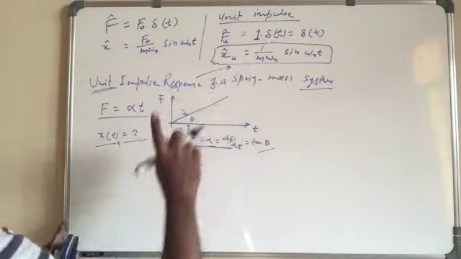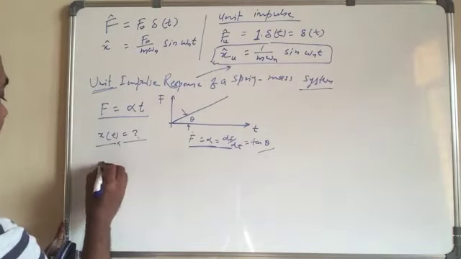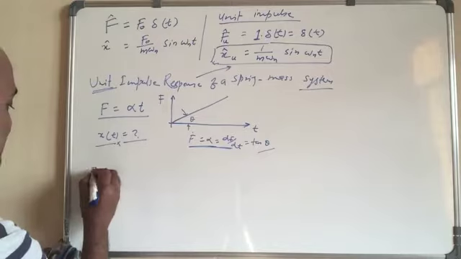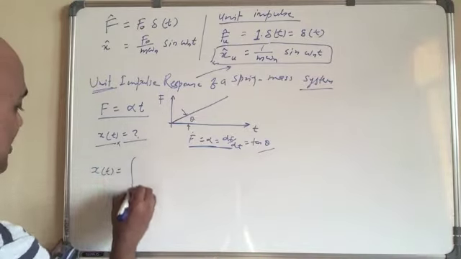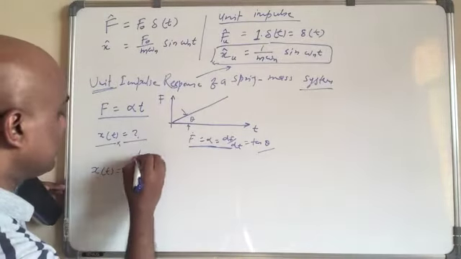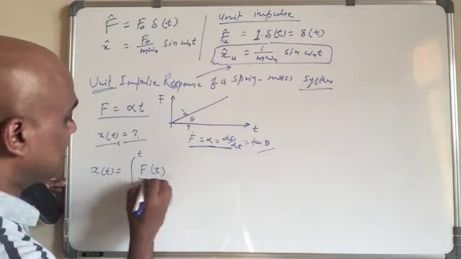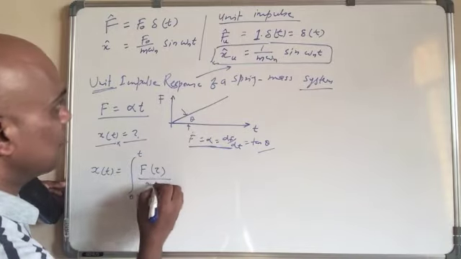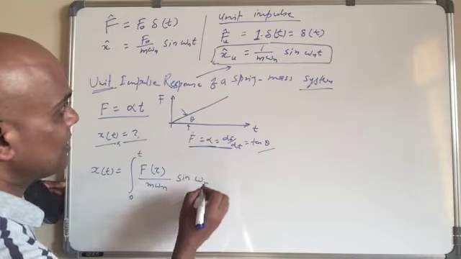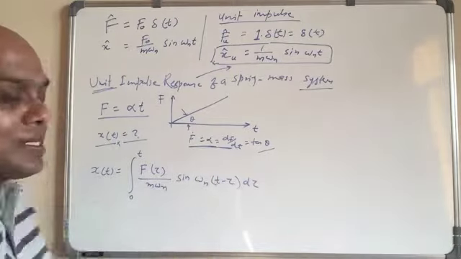We have already derived earlier, for the arbitrary force, x(t) is equal to the integral from 0 to t of the force F(tau) divided by m omega n, times sine omega n (t minus tau) d tau. So this is the solution.